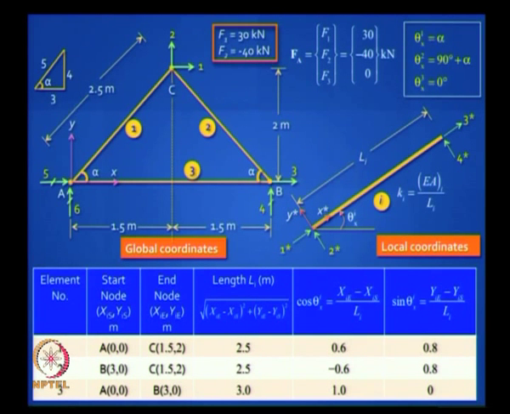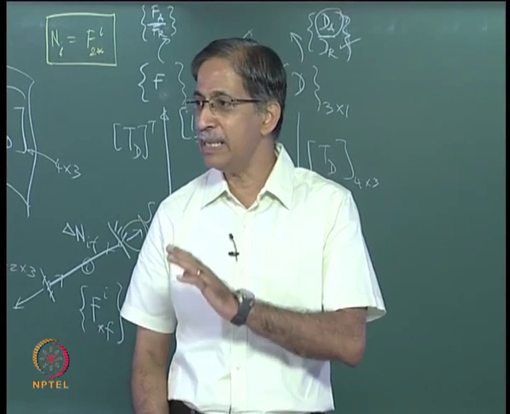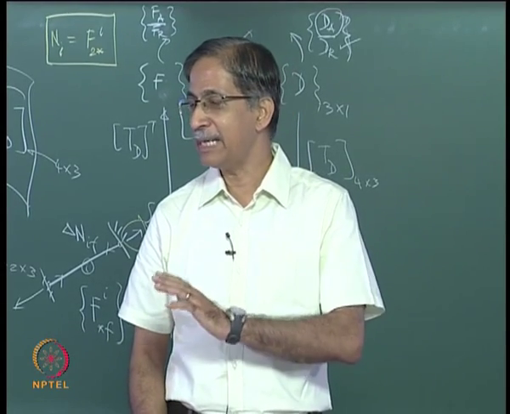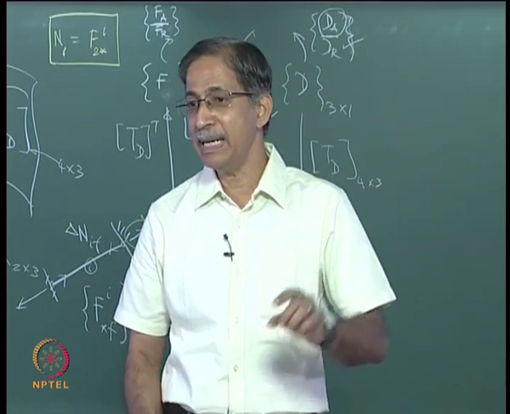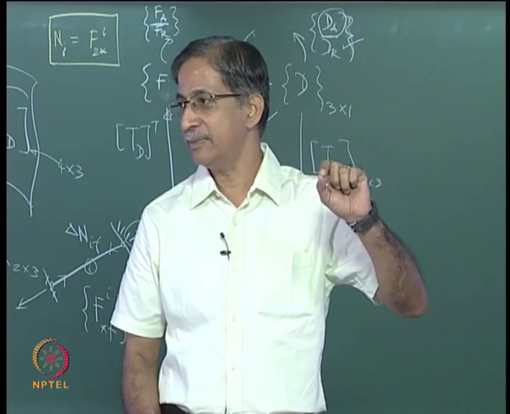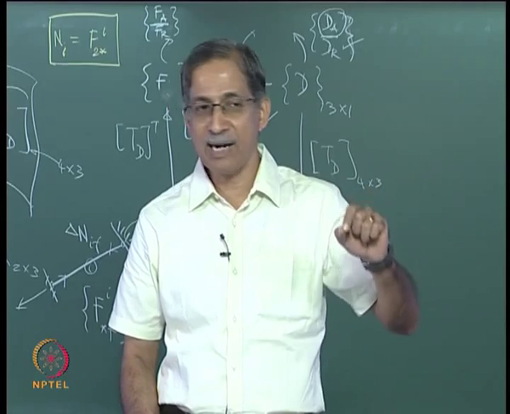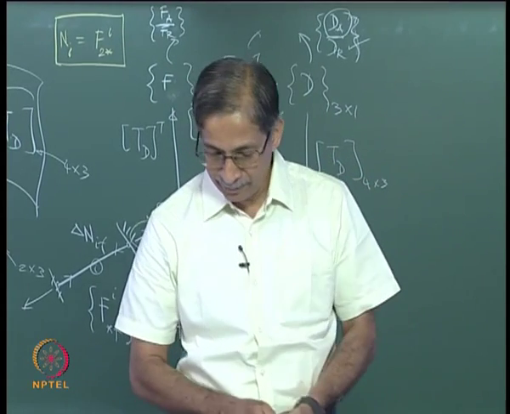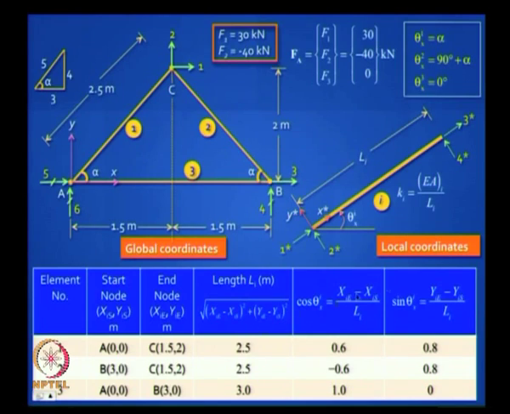So any questions here? It is clean. I do not have to manually calculate theta, it comes automatically when I give the coordinates x and y of the start node and end node. From these formulas, which are standard formulas, I get automatically the direction cosine. So it's a blind method, no thinking.